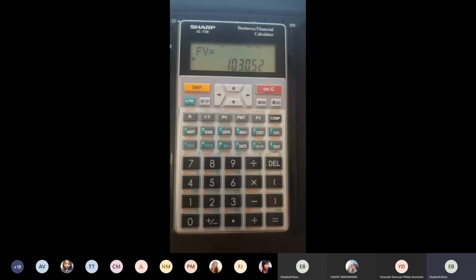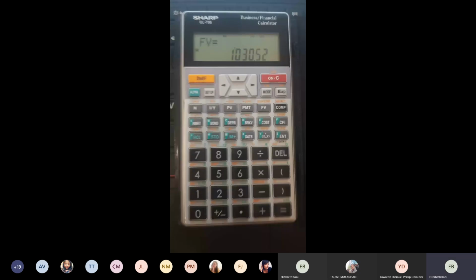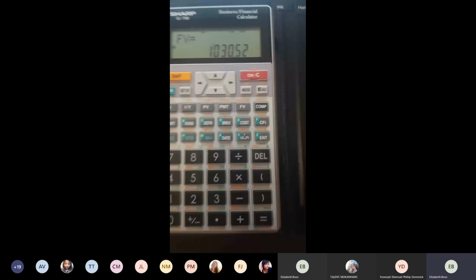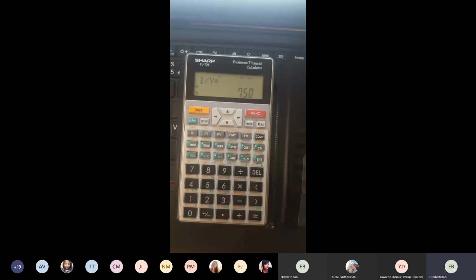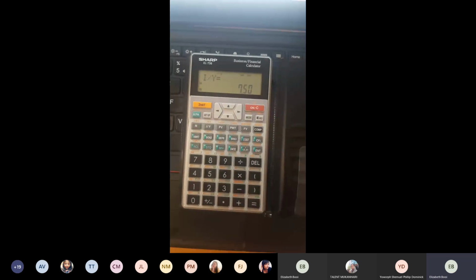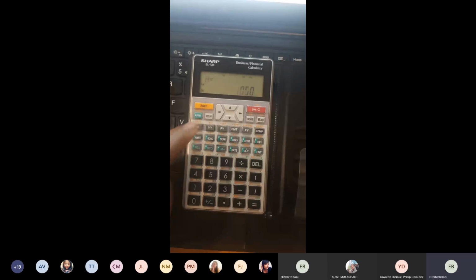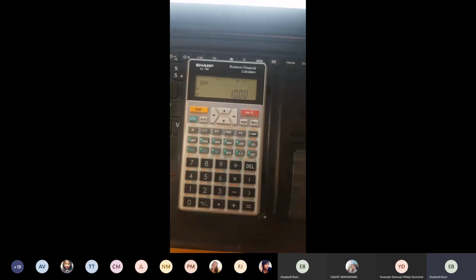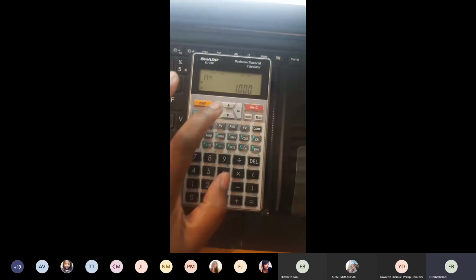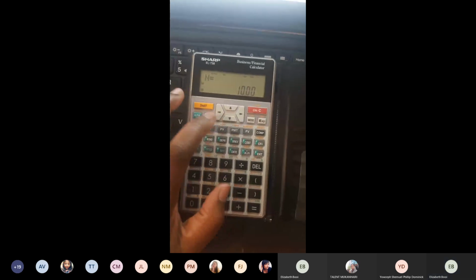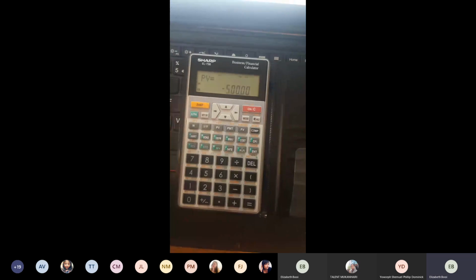And if I see that there is no answer on the question paper, I can go back and say recall I and Y. I see that it's 7.5. Yay, it means I've captured it right. Recall N, and if that number became 20, it means there's something wrong that I did. If I say recall PV, it should give me 500.